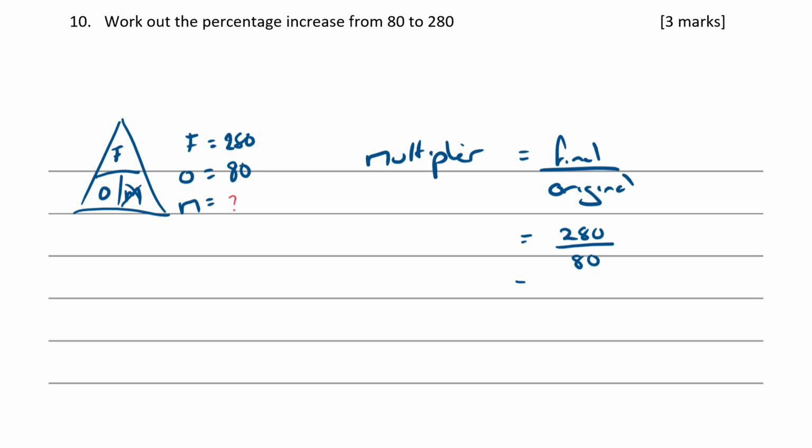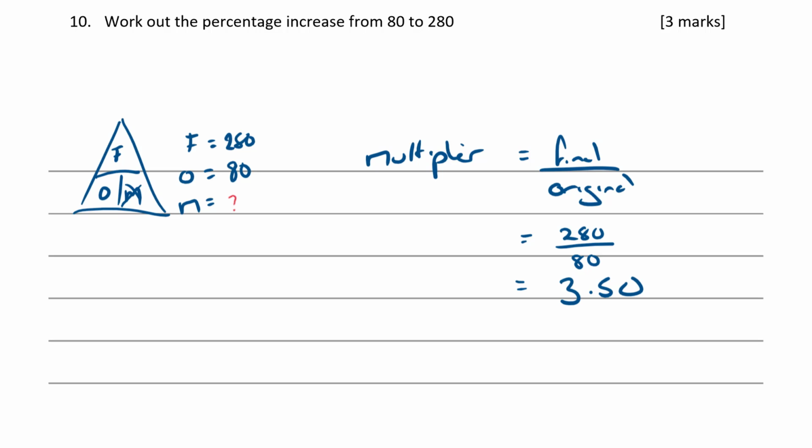What's that then? 80, 160, 240 goes in 3 times, remainder 40. So it's 3 and 40/80ths, which is the same thing as 3.5. Okay, so I've got a multiplier of 3.5.